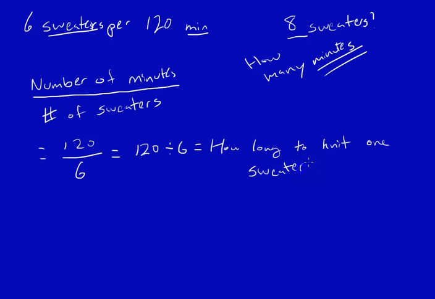And then once you figure that out, it's a simple multiplication problem. You just take how long it takes to knit 1 sweater and you multiply it by 8, the number of sweaters that you want to know how long it takes to make. And so that's how you're going to solve that one. You figure out how long it takes to make 1 sweater by setting up the rate, and then you just do the division, and then you multiply it by the number of sweaters that you want.